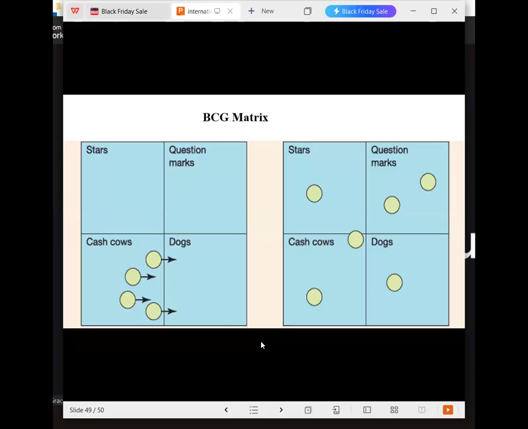So one can disrupt the market and change the way things are in that market. So cash cow also requires careful monitoring. If not, it can enter dog instead of star. Cash cow can enter dog if one is not careful. So that is what this diagram is saying.